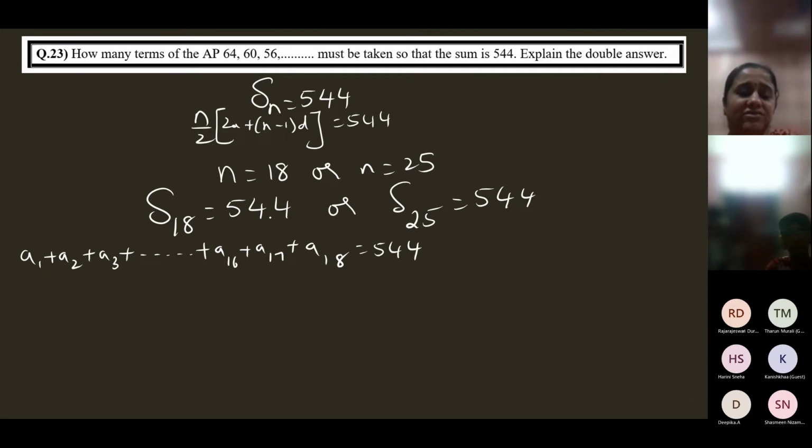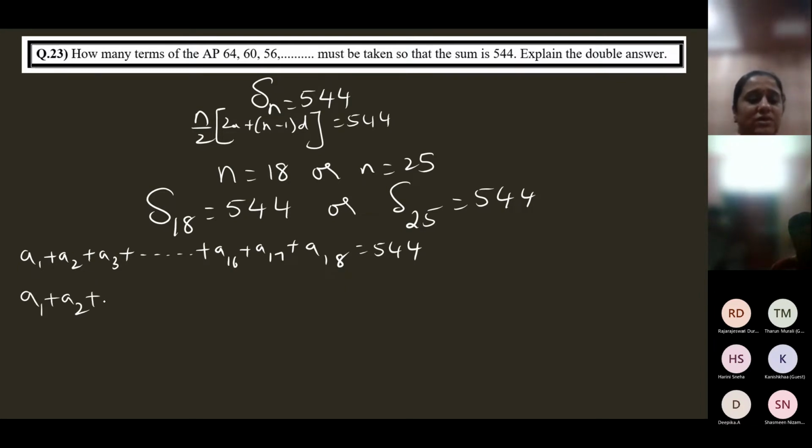So S18 is equal to 544, which means A1 plus A2 plus A3 and so on, plus A16 plus A17 plus A18. The sum of the first 18 terms is 544. What is meant by S25 is equal to 544?